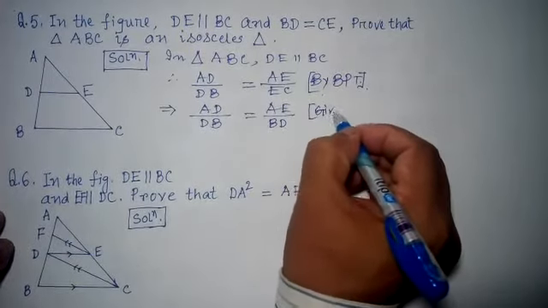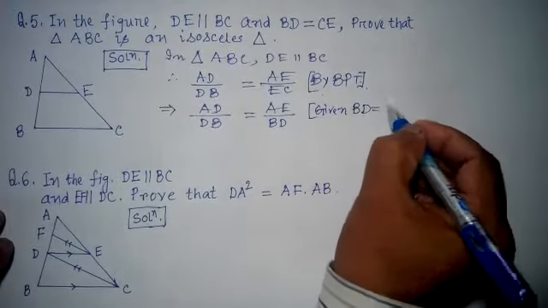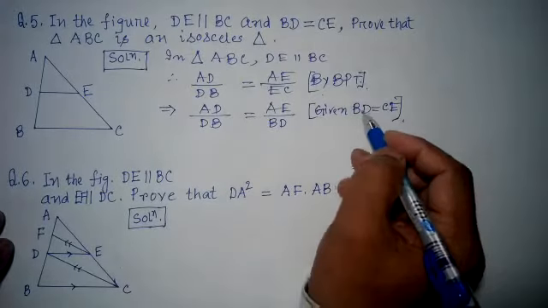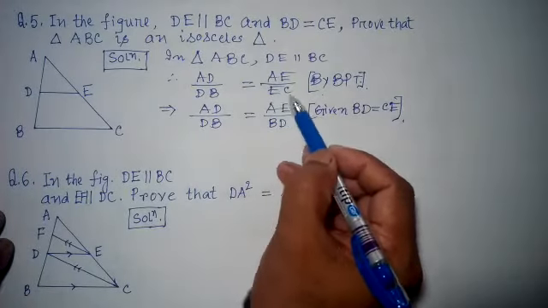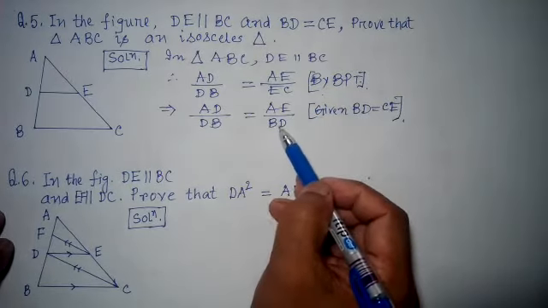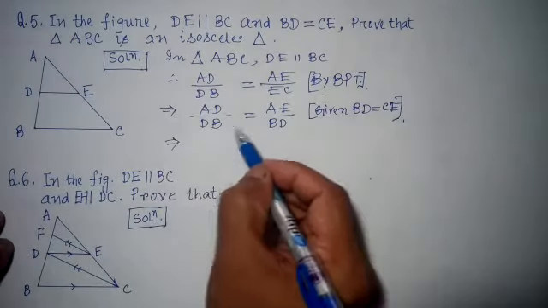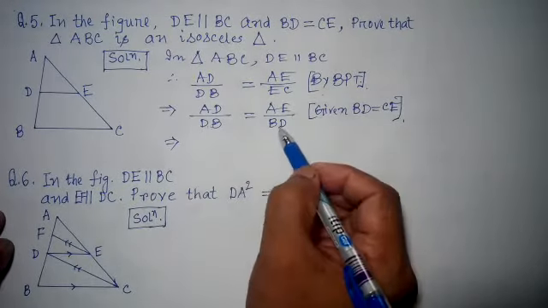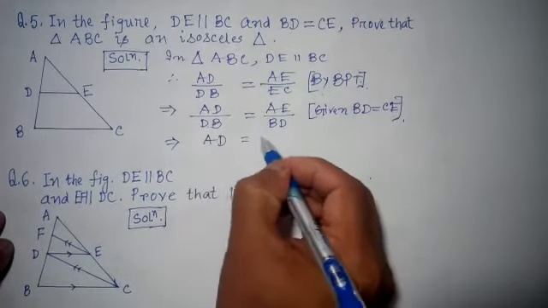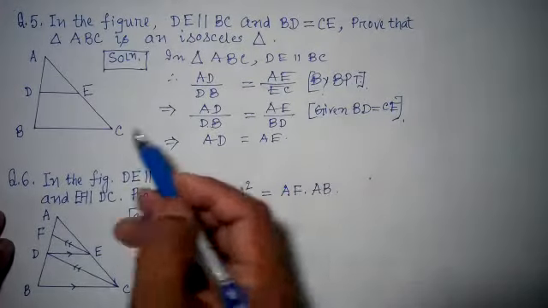Given BD equals CE, so EC and CE are the same. In place of EC we write BD. This BD and DB are also the same, so the denominators cancel. So we can write AD is equal to AE.